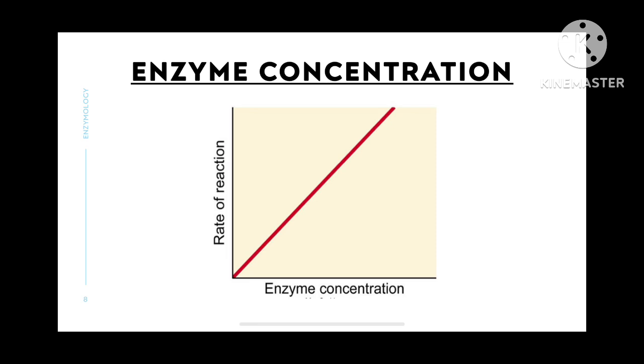So this means as long as the substrate concentration exceeds the enzyme concentration, the velocity of the reaction is proportional to the enzyme concentration. In simpler terms, increasing enzyme concentration will speed up the reaction as long as there is substrate available to bind to.